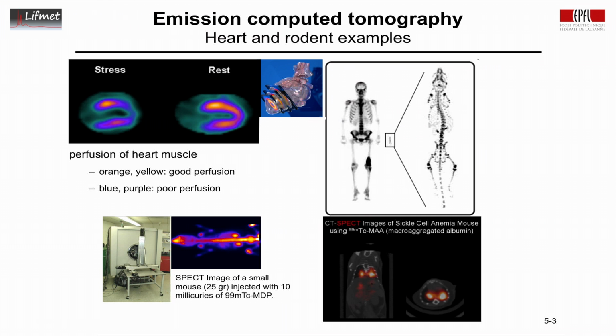Here's a scan of a sickle cell anemia mouse. We're using macroaggregated albumin, again with 99m technetium, metastable technetium, and we're having here the bright uptake in color. Now what we also see is this grayscale image here, and this grayscale image is a CT scan that's done in parallel to the examination.